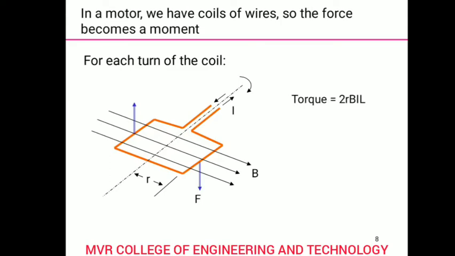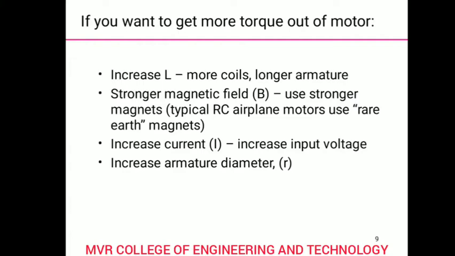Like this the force will be experienced according to Fleming's rule. If you want to get more torque out of the motor, you have to increase the coils, yes or no? You have to produce more EMF in the motor. In order to produce more EMF, if you give more voltage, there will be more flux cutting and more speed. In this way you can increase the HP of your motor.